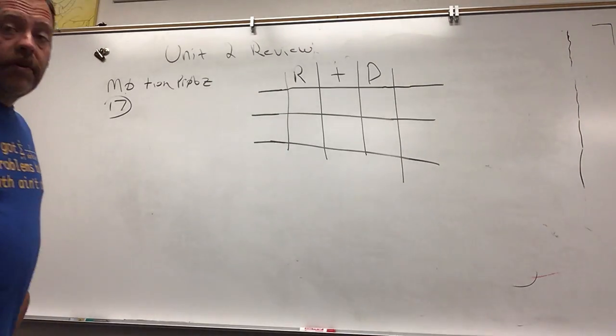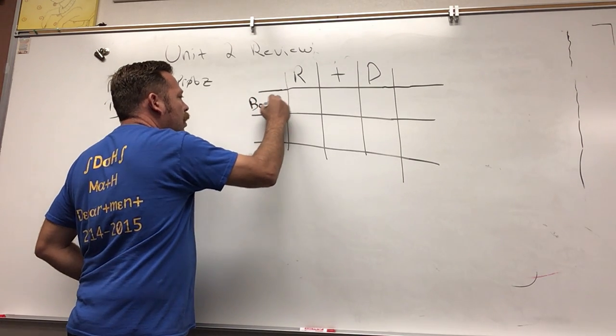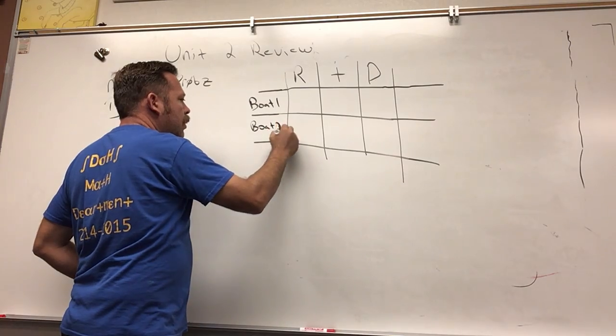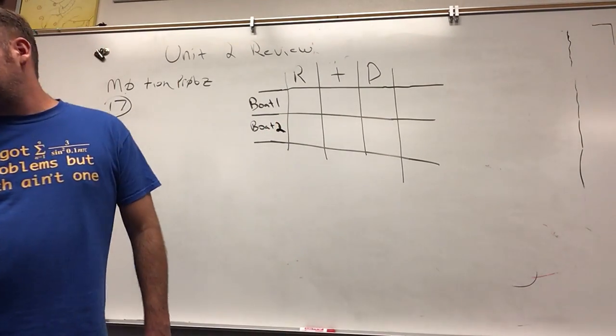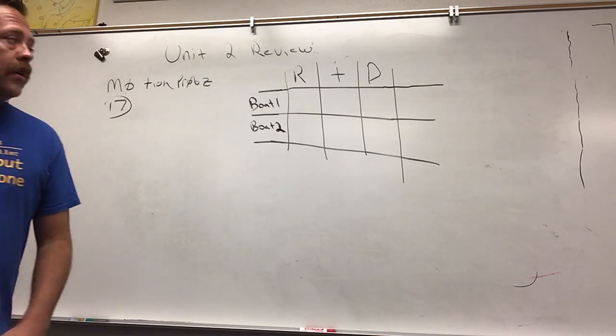Okay, so we have two boats, so I'm gonna call my two vehicles that are traveling boat 1 and boat 2. All right, we got to identify the variable. It says, how long will it take them to be 110 miles apart?